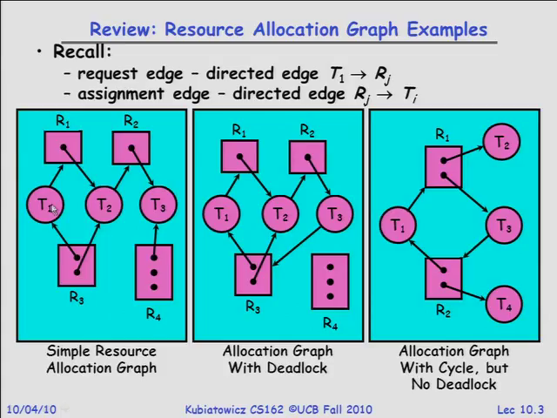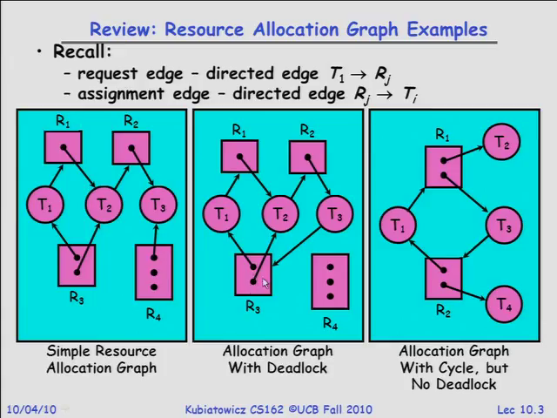Okay? And as a result of these graphical models, we can walk our way through and find deadlocks. So, for instance, this has got a deadlock, and if you look, you'll see it never resolves. This is a case where some thread's waiting for a resource, which is waiting for a thread, which is waiting for a resource, which is waiting for a thread, which is waiting for a resource.